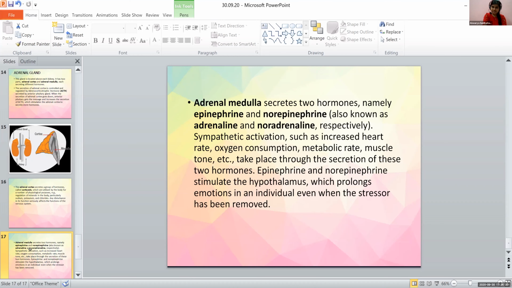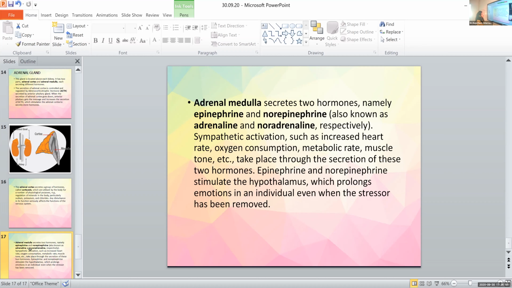Fight or flight responses. Very good. The adrenal medulla secretes two hormones, namely epinephrine and norepinephrine. Epinephrine is a fancy name given to our common adrenaline, and norepinephrine is noradrenaline. It's not NON, it is NOR. Okay.